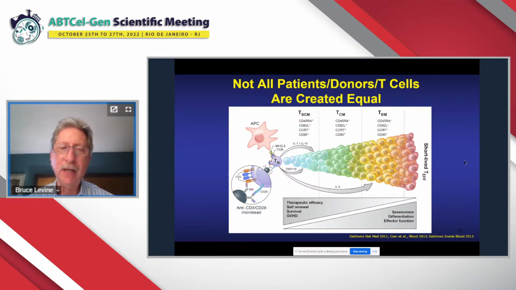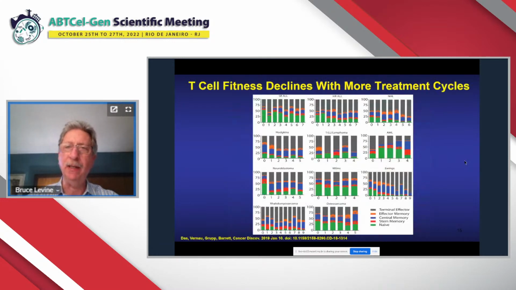And so it's generally agreed in the field that the types of cells that we're looking for in a product to generate the greatest potency that is durable is a stem cell memory and a central memory phenotype. And the question is how to get there and what to do if you don't have those cells at the beginning.